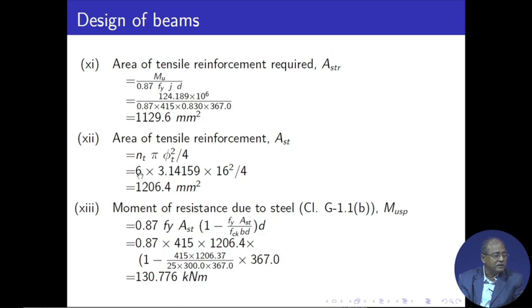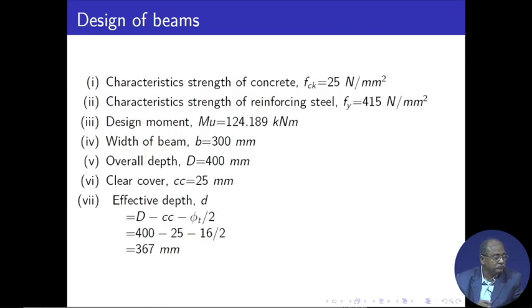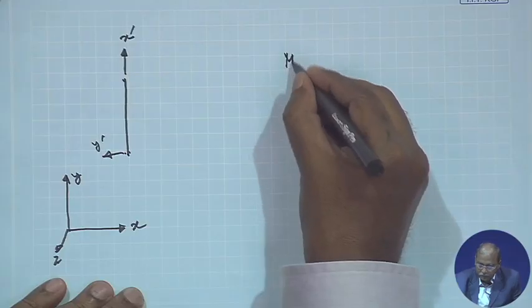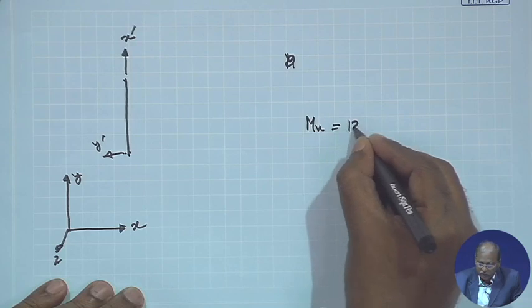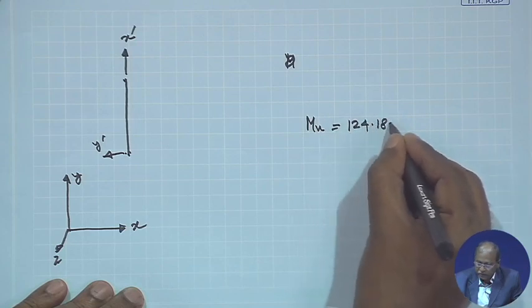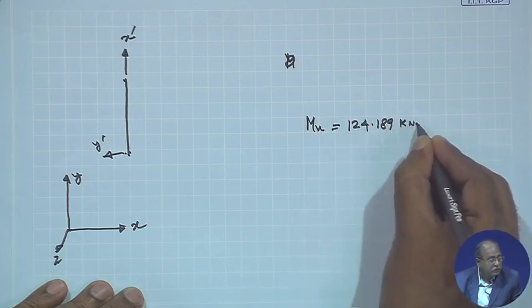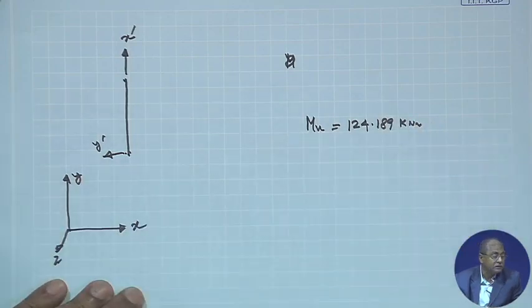We have provided 6 number 16 dia bars, 1206.4, as per the clause of IS 456, Mu SP. So, that particular one comes 137.76. So, just to inform you, let me write down here, moment Mu 124.189, which we have got from the analysis calculation.